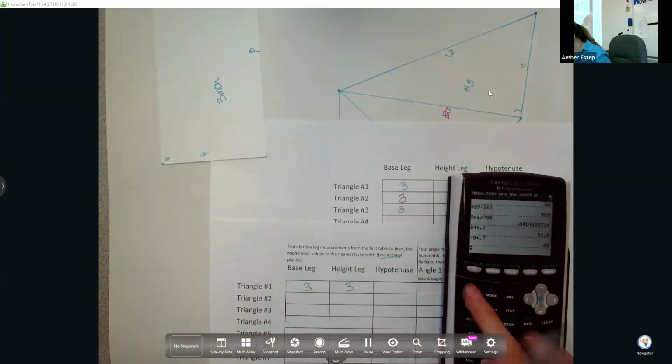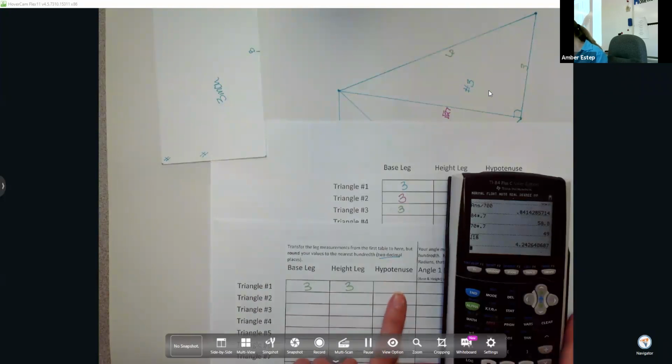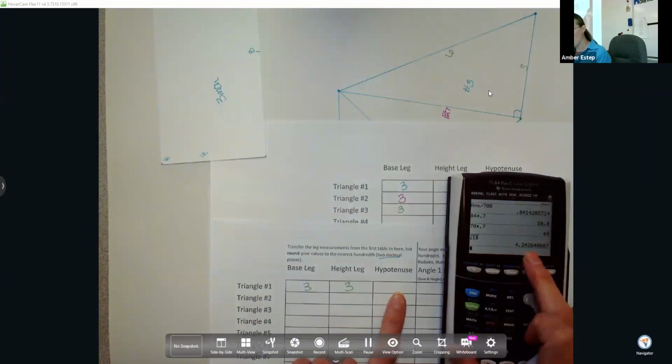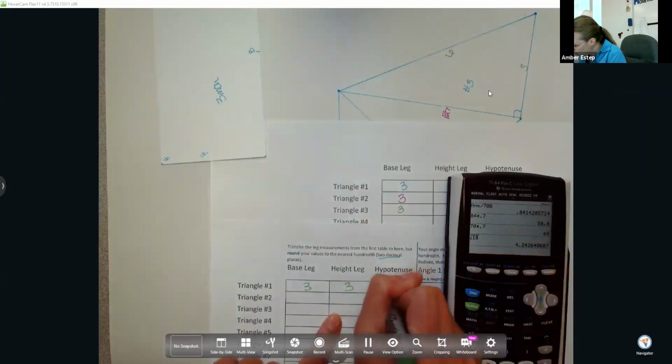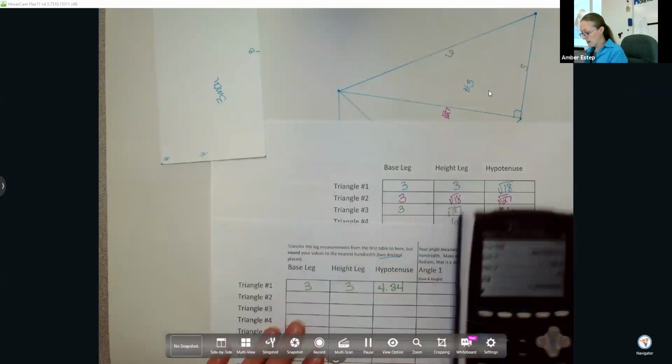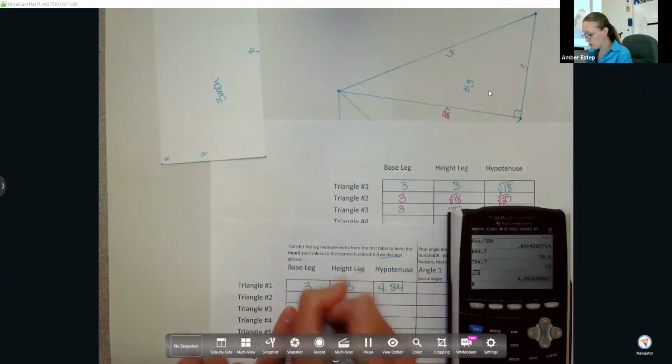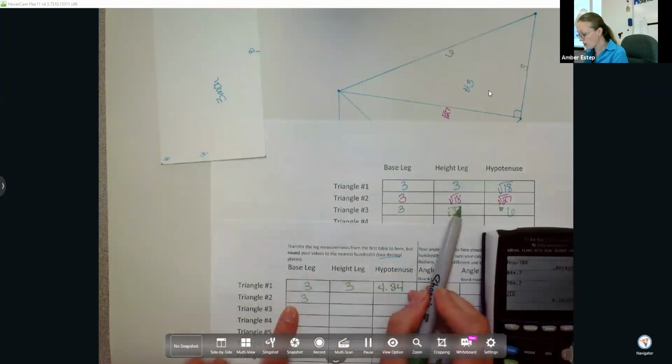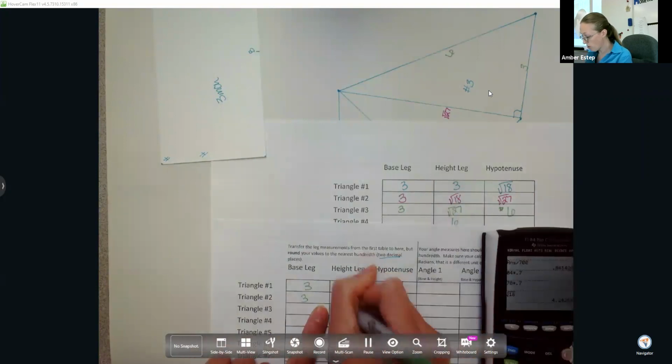The square root of 18 equals 4.242. That 4 stays where it is, so it is about 4.24. We already know that the square root of 18 is about 4.24.